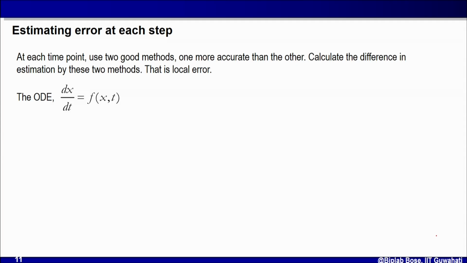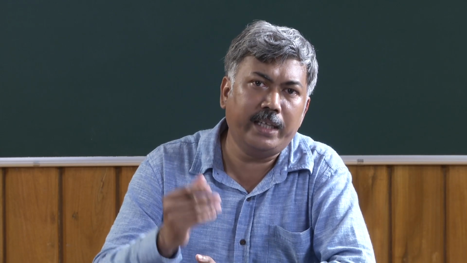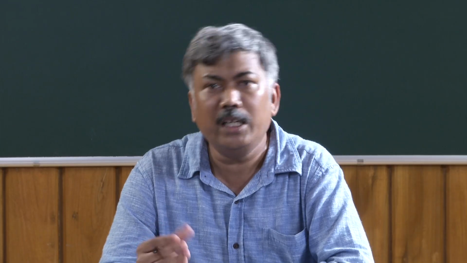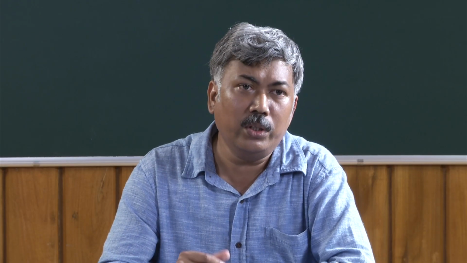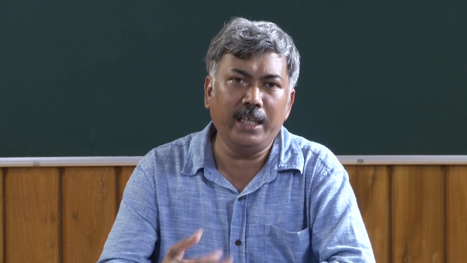For example, suppose you are at time equal to 0 and you want to move forward and you have taken delta t as 1. You have to estimate how much error you get. Is the error very high? If the error is very high, I will reduce delta t, maybe to 0.5, and try again.